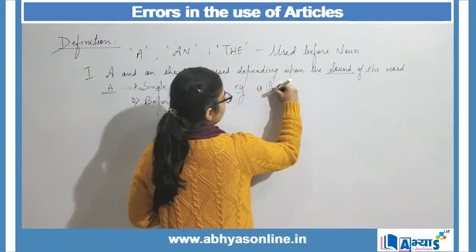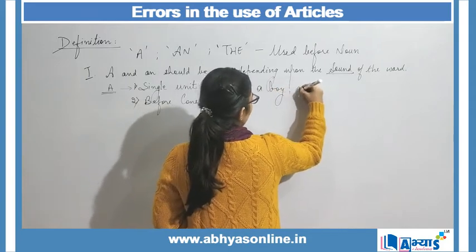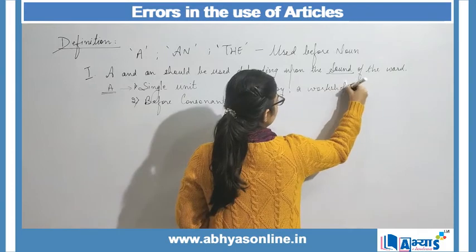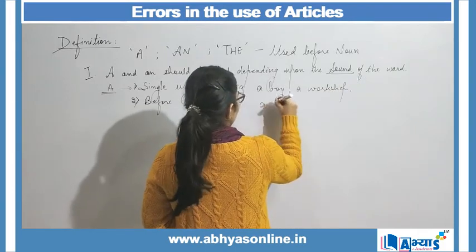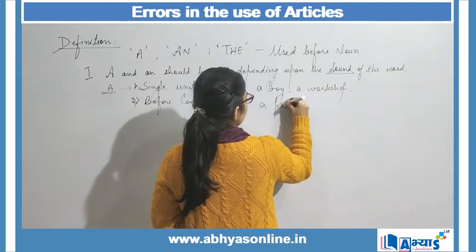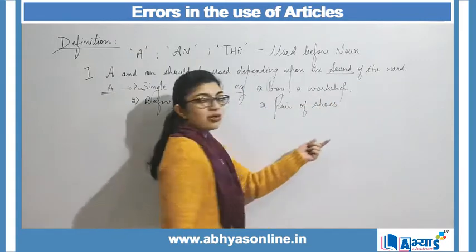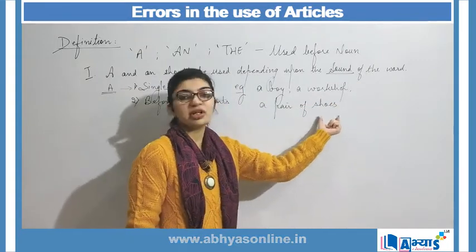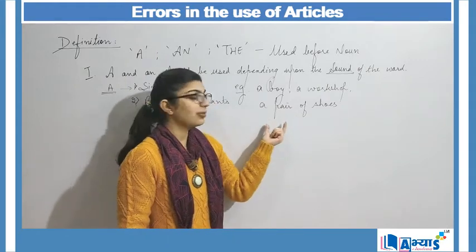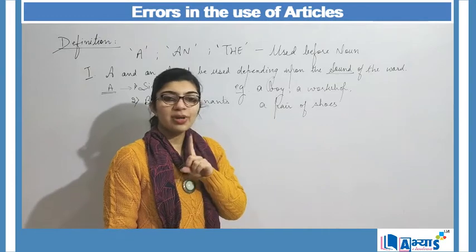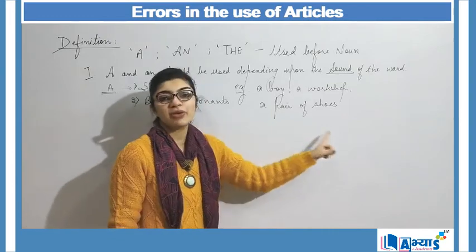So here the examples can be a boy, a workshop, a pair of shoes. Why am I saying a pair of shoes here? Because I am not talking about shoes, but about the pair, and that is only one. So when I say one pair of shoes, it becomes a pair of shoes.